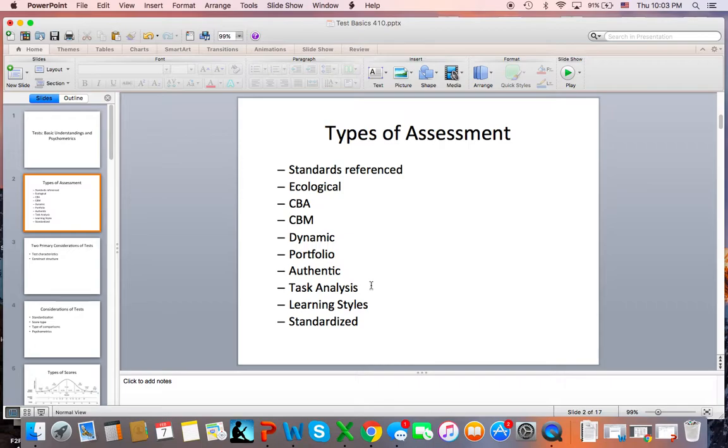And some of the things we look for in regards to ecological assessment is how many folks are in the home? Is it a print-rich environment? Are there books readily available to students? What sort of languages are spoken in the home? What's the primary language? What are some of the nonverbal modes of communication?